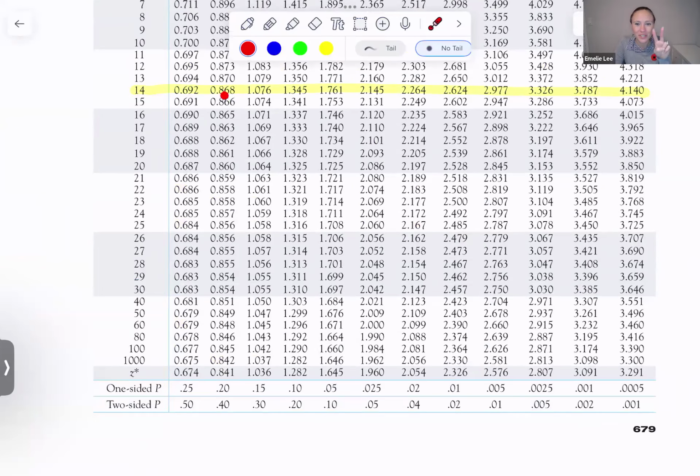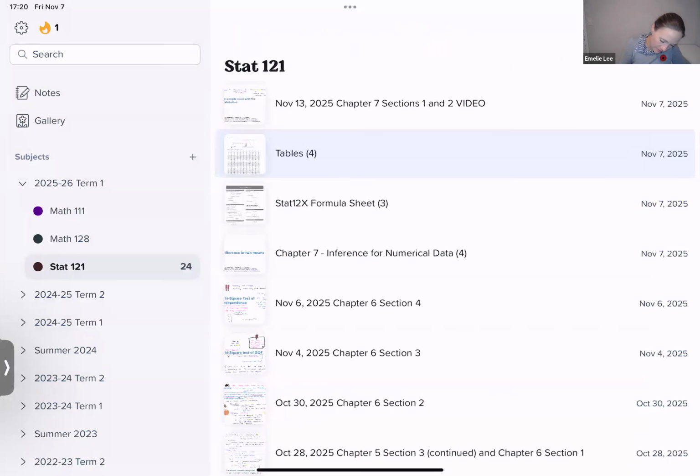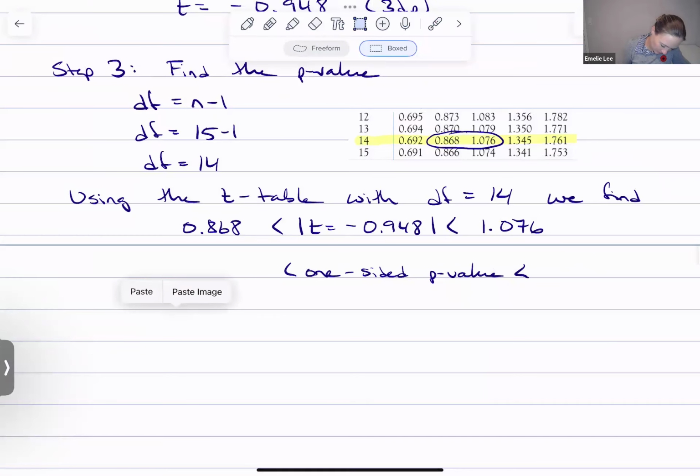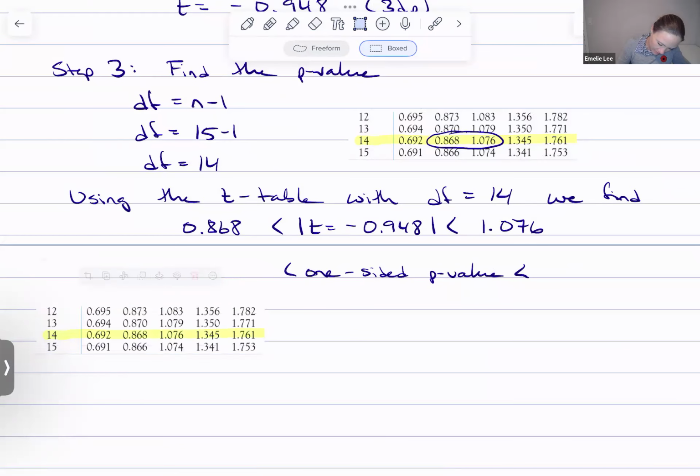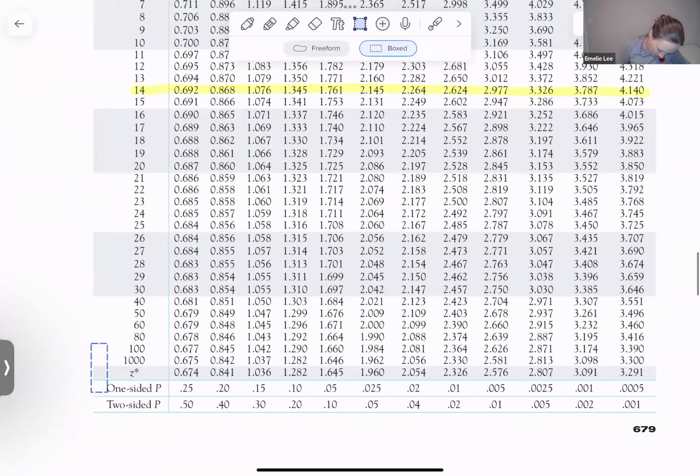So I'll use my pointer, but I use my two fingers and I drag it down, and my one-sided p-value is going to be between 0.15, right? Start on this side, and 0.2. Copy.